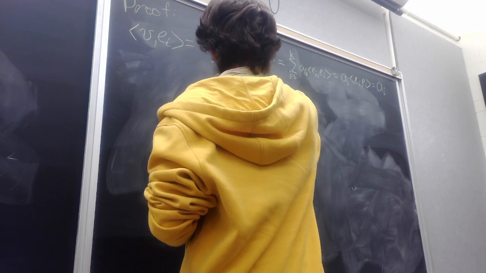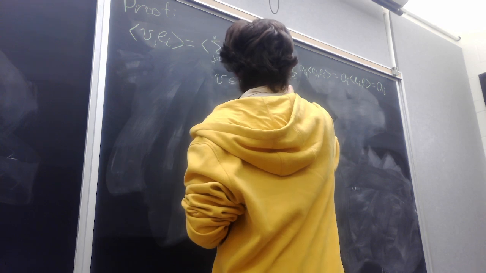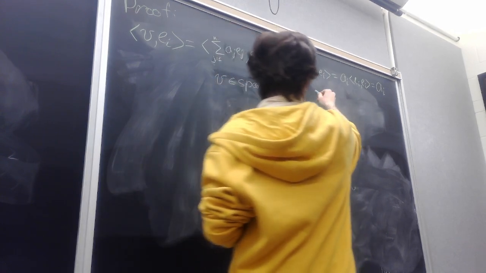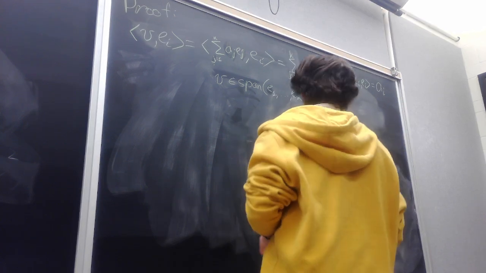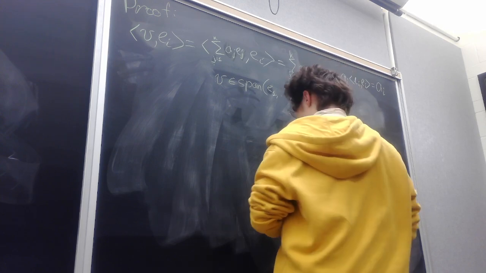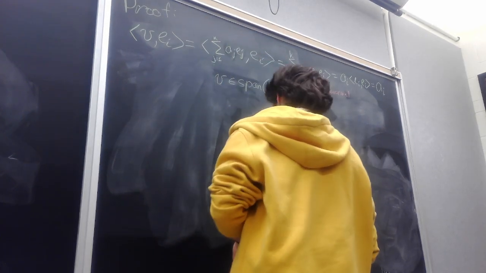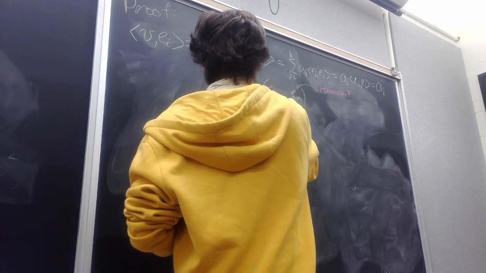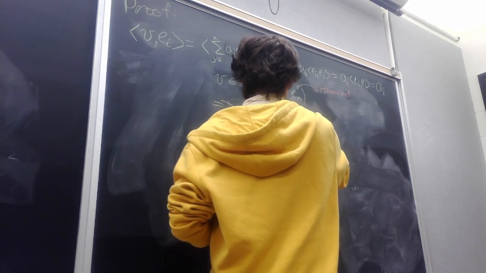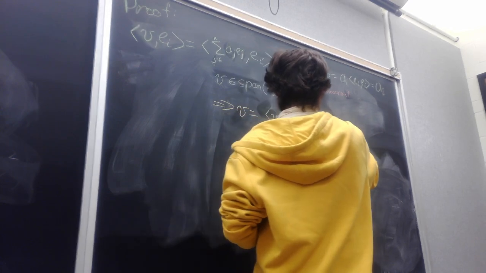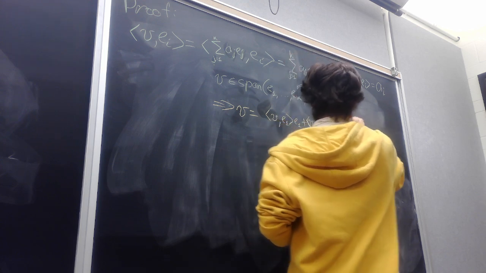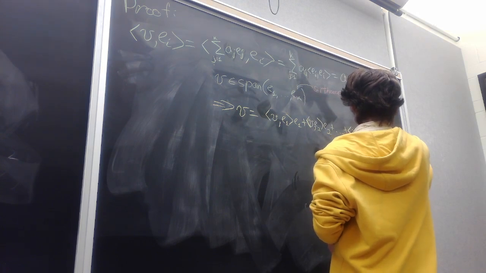If V is in the span of E1 up to EK, where these guys are orthonormal, then I can write down the following expansion: this implies that V is equal to the sum, so well, let's not even write the sum, let's write V inner product E1 times E1 plus V inner product E2 times E2, and so on and so forth, V inner product EK times EK.